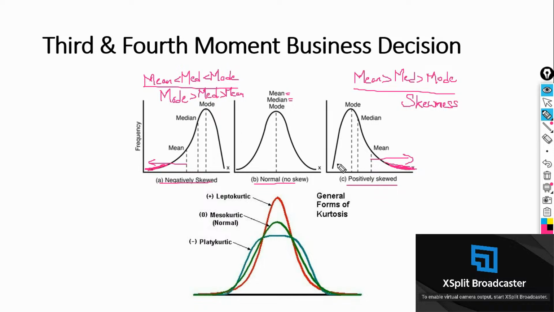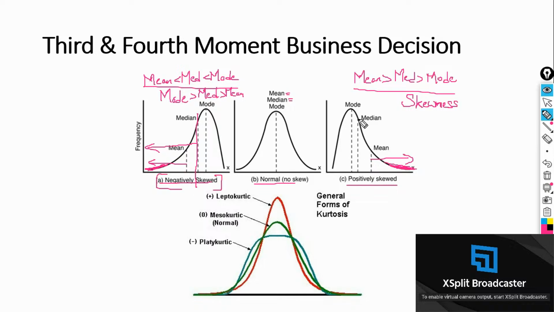The third moment business decision talks about the direction of spread from the center. From the center, do you have more spread towards your right hand side or left hand side? In this case, more on the left hand side. If I take this as the center, I see a long tail towards the left side. This represents negatively skewed data.